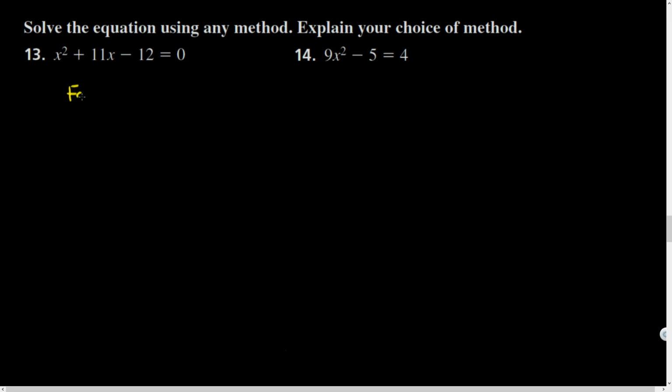I think I would choose factoring here because there are factors of 12 that subtract to be 11. Over here, the leading coefficient is 9. I wouldn't want an AC method, so quad form, because the leading coefficient isn't equal to 1. If it was equal to 1, then I would check for factorable.